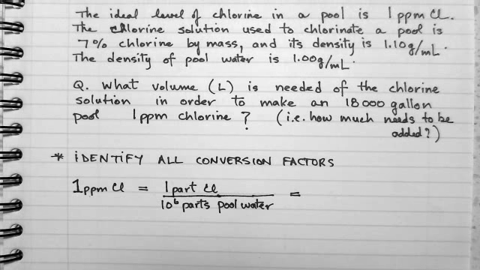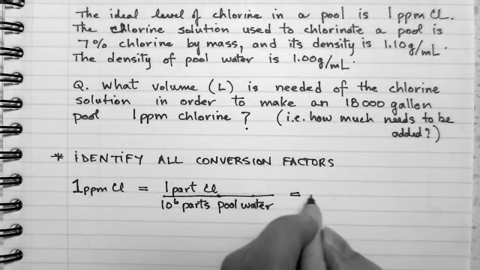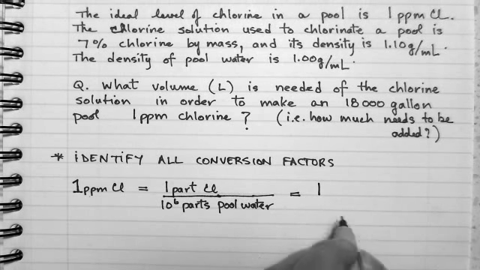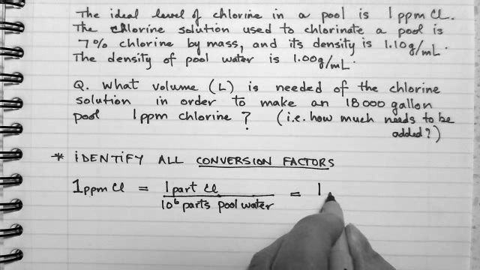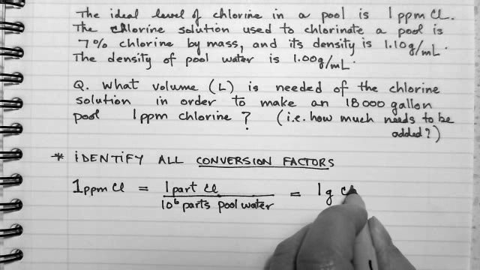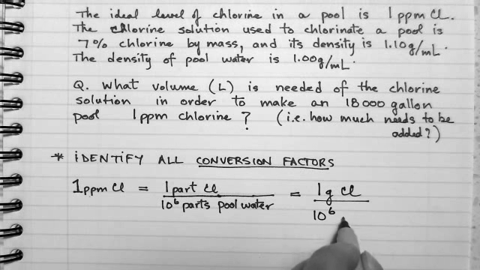You get to decide what that unit is. And for us, that's going to be gram. We've decided it's gram. So 1 ppm as a useful conversion factor is written as there's 1 gram of chlorine in 1 million, or 10 to the 6 grams of pool water.